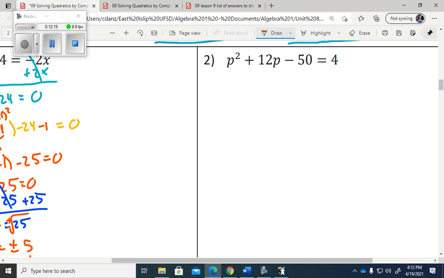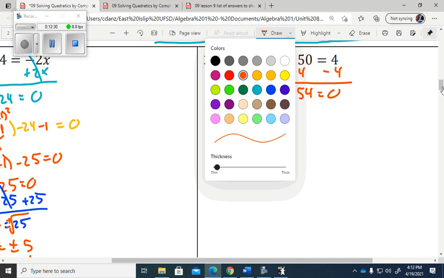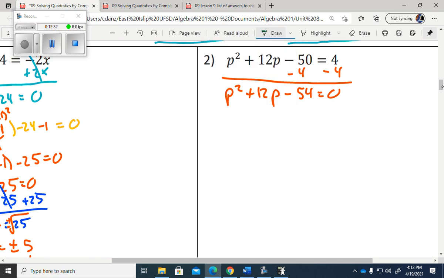Vertex form first. We'll subtract 4. I will underline the first 2 terms, undistribute the 1, leave a gap.